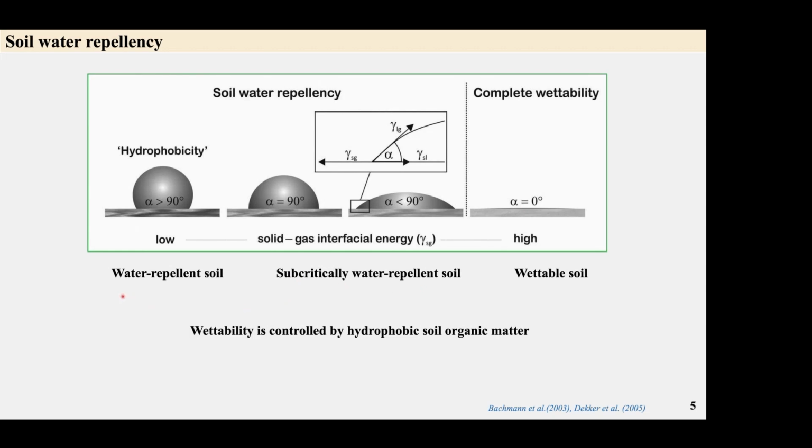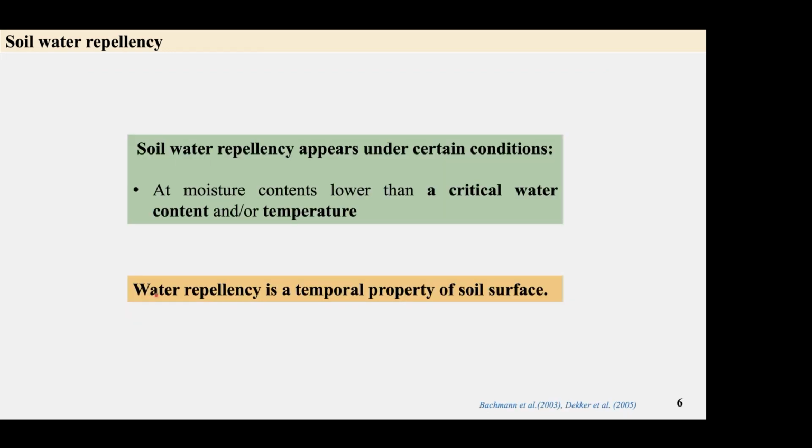But when the contact angle is higher than 90, then the soil is classified as water repellent soil. Wettability of soil is mainly controlled by organic matter, but hydrophobic organic matter. So this means that the quality of organic matter is really important for soil wettability.